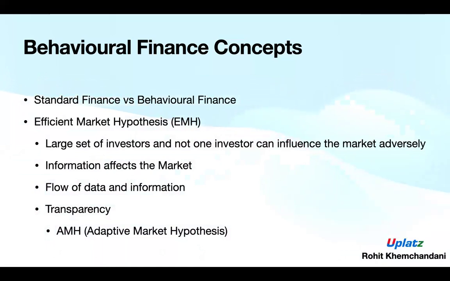So AMH combines EMH and behavioral finance, asserting that markets evolve over a period of time as individuals utilize biases to make investment decisions. We'll discuss a few of the biases later in our course. Now, basically there are a few things in this.